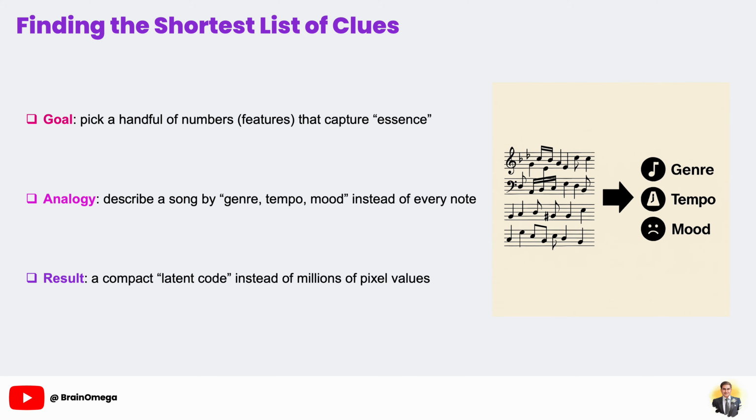You only need to store the code, and you can reconstruct or generate the original image later by using the decoder. In other words, we are searching for the shortest list of clues that still lets us recreate and modify the image. That's how we go from the towering mountain of pixels down to a neat little valley of latent codes.